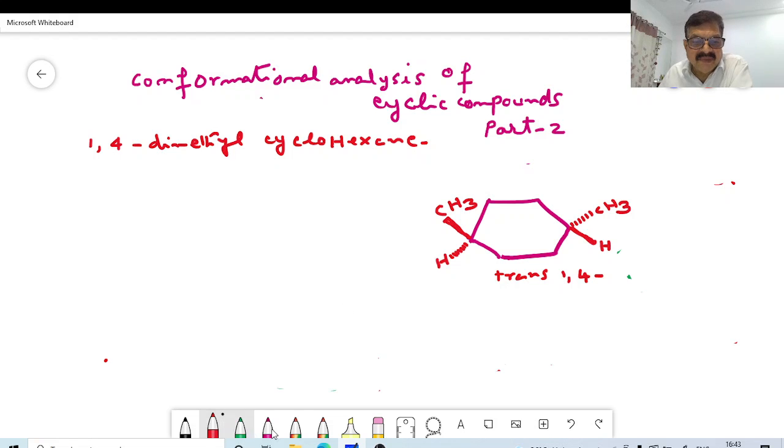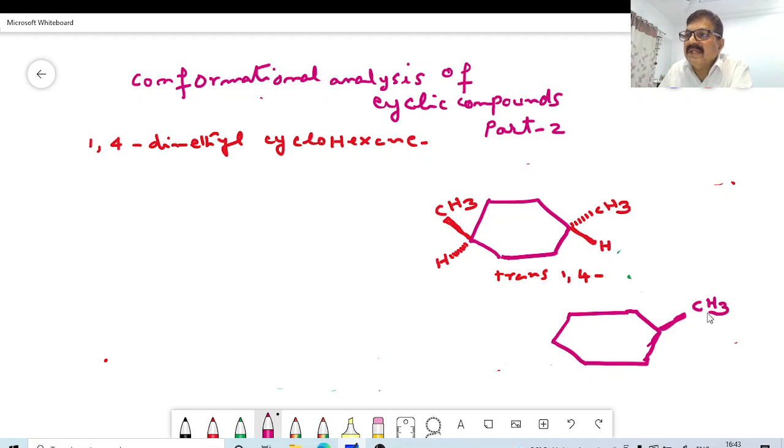Okay, then how will you draw the cis isomer? The same way. The groups should be on the same side of the ring, that's all. So here it will be again on a wedge. I will just show it, methyl group, and here it will be on another wedge. So it is on the same side of the ring now.